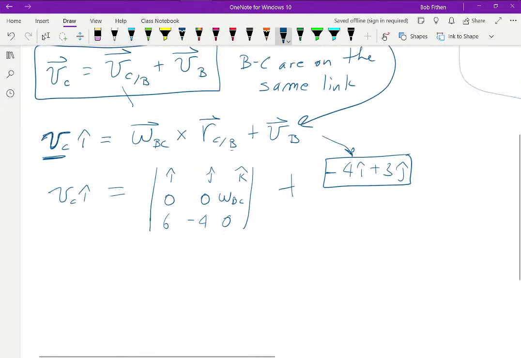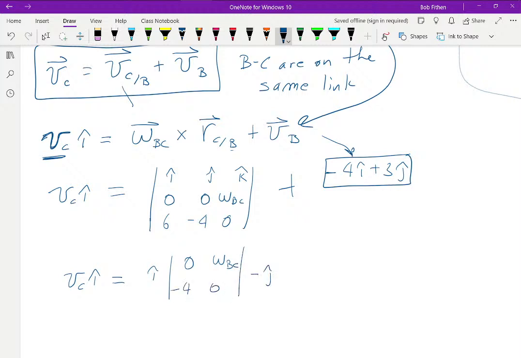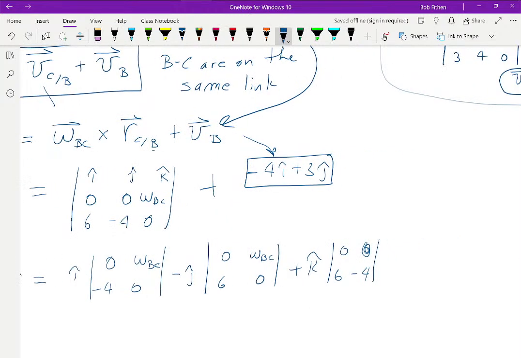What do you have? You have, let's do a cofactor expansion, write this out. I, 0 omega BC minus 4 0, minus J, 0 omega BC 6 0, K, 0 0 6 minus 4, and then minus 4I plus 3J.